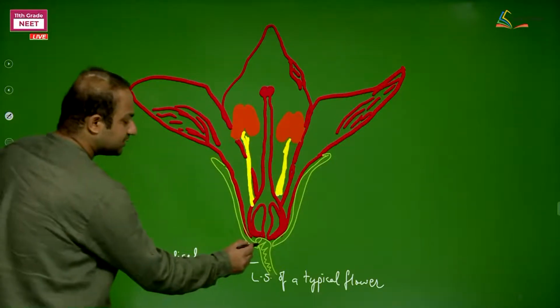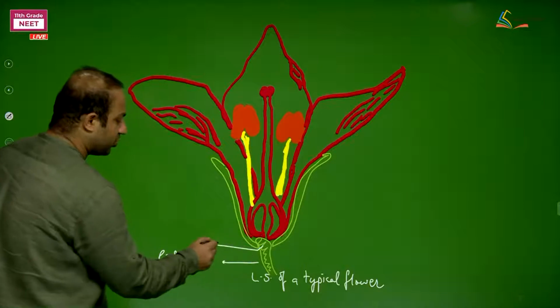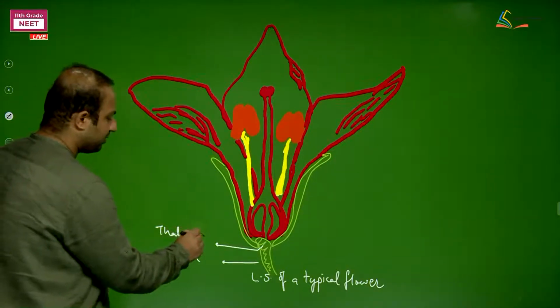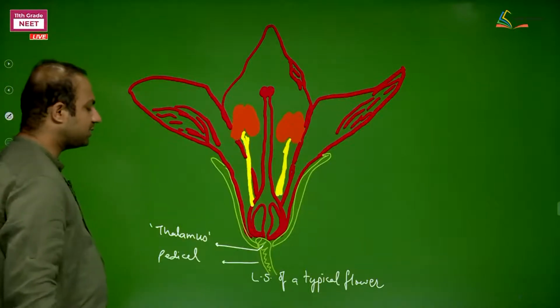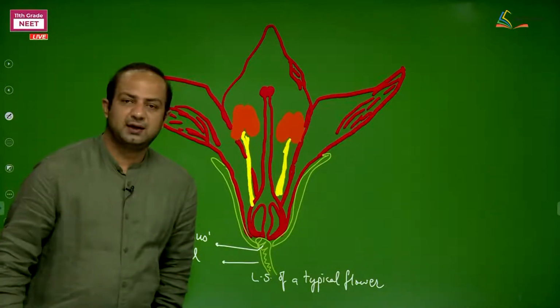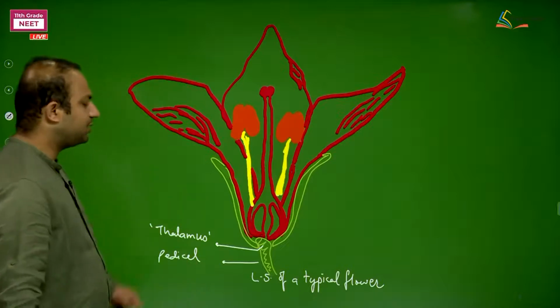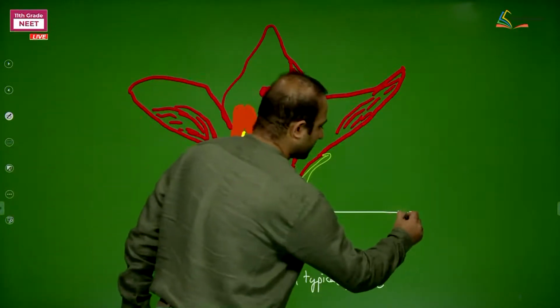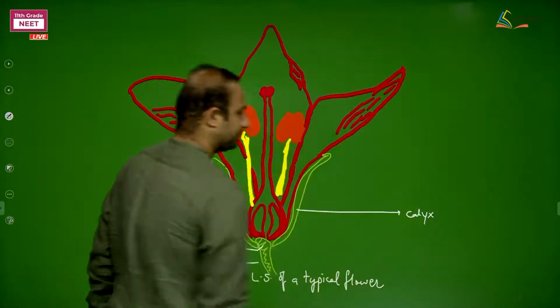Then next, this swollen tip is called the thalamus. Remember, clear? This swollen tip is called the thalamus. Then comes the other parts. Fine, this is the calyx.